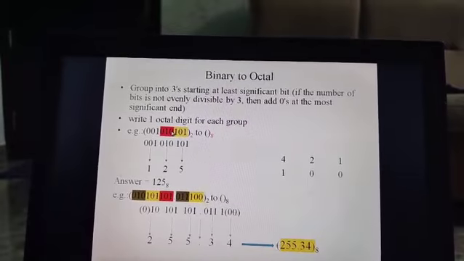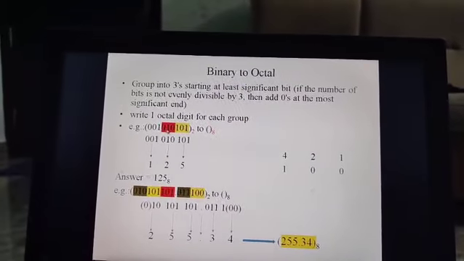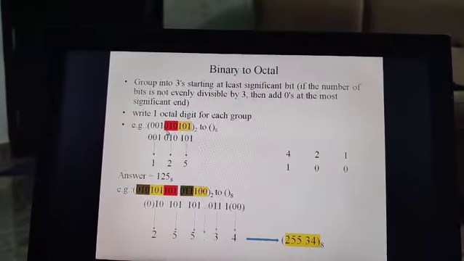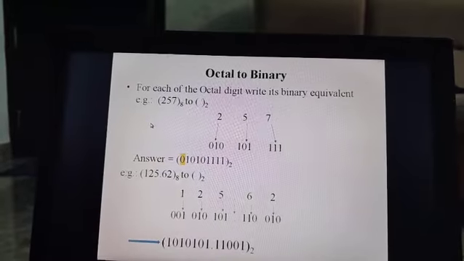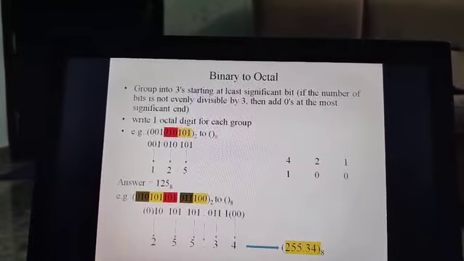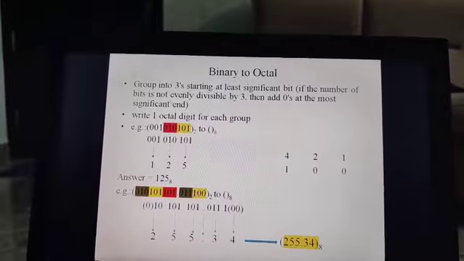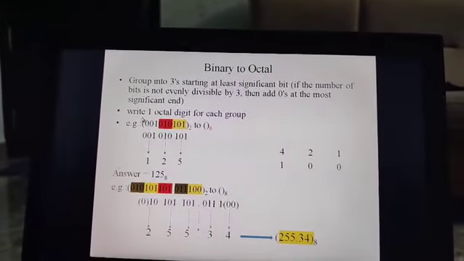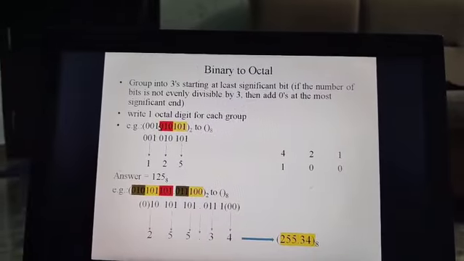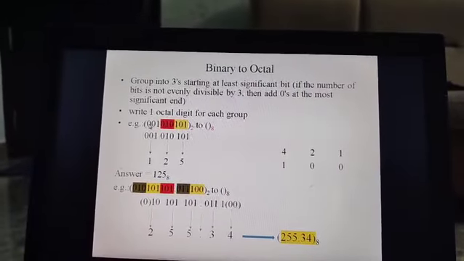The second number is 010. From this we can understand that I am following the direction from the left side to the right side. And my third number is 101.